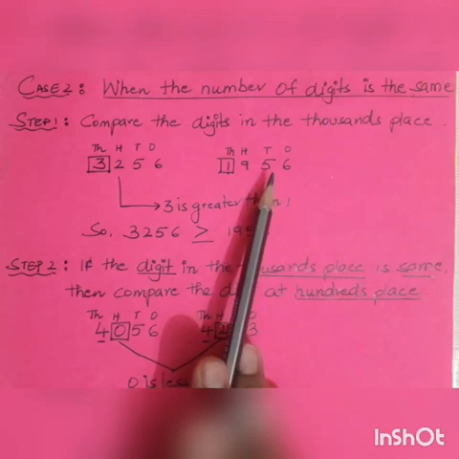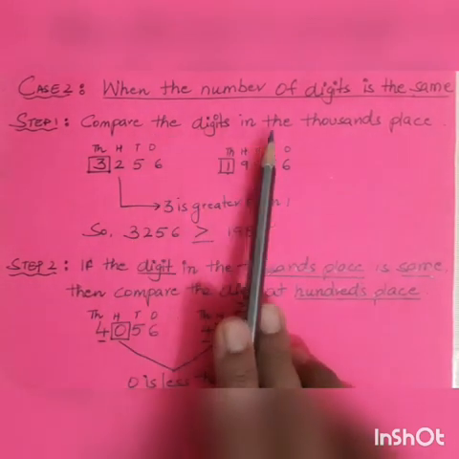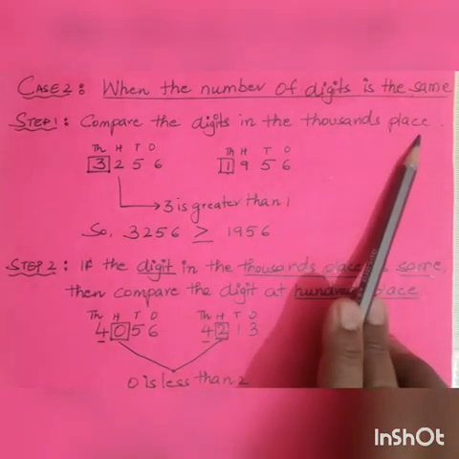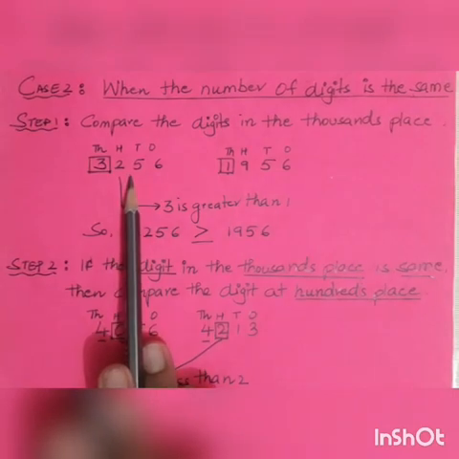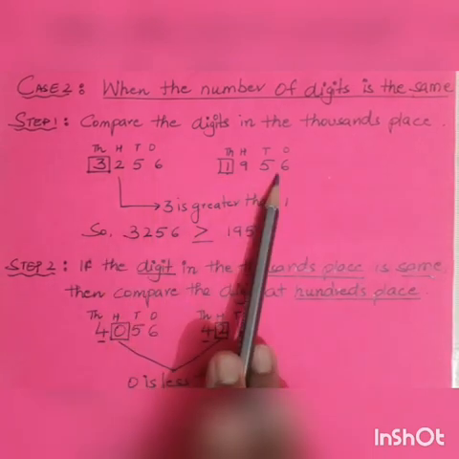It has got 4 steps. Come to step number 1. Compare the digits in the thousands place. Let us understand this with the help of an example. Here on the left hand side I have the number 3256 and on the right hand side I have the number 1956. Both are 4-digit numbers.